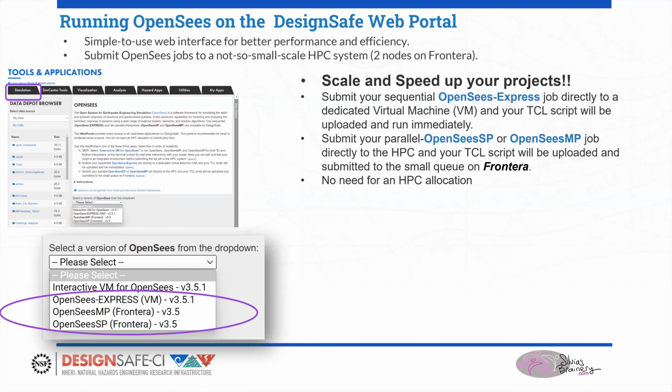And so you can submit your sequential jobs there, or you can submit your SP and MP jobs directly to HPC. And you upload your script and it sends it to you and it does everything in the back end and runs OpenSees on Frontera. And because this is for relatively small jobs, there's no need for an HPC allocation. And so you can just go in and run your models.